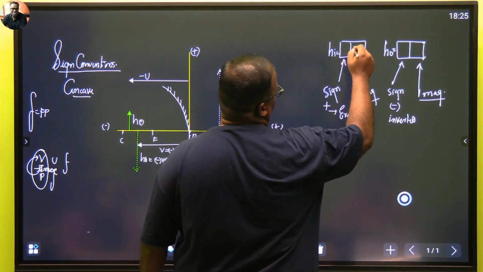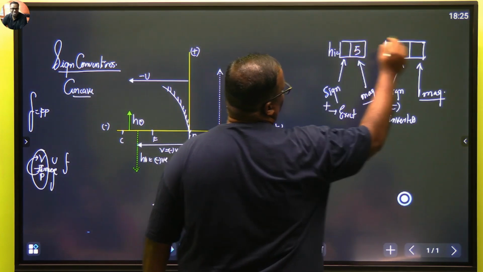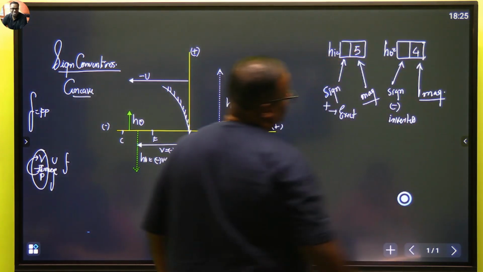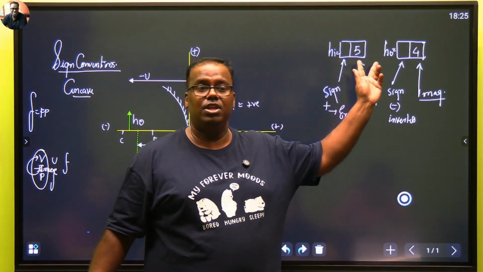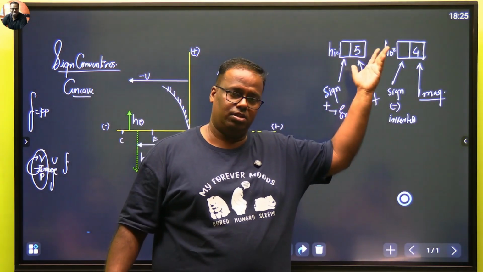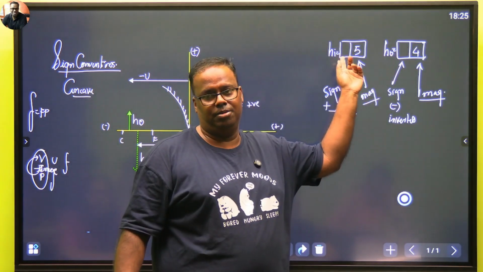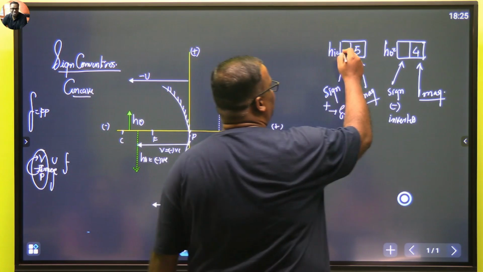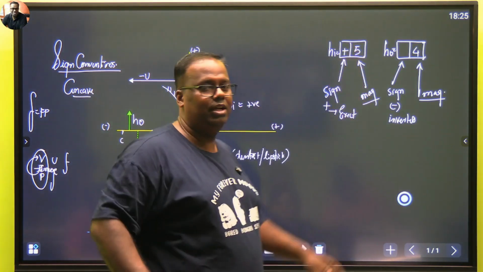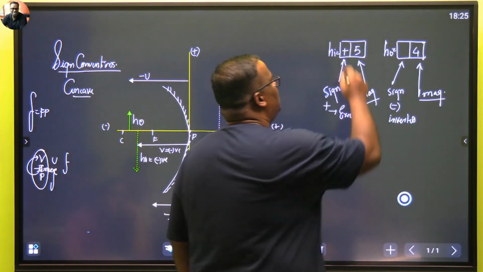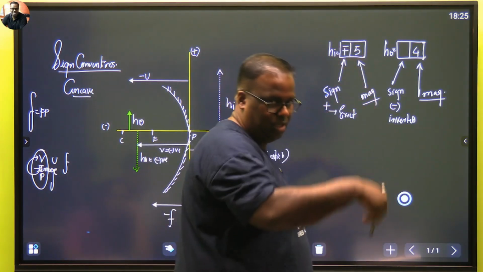Say image height is 5, object height is 4. Means in this case, the image is enlarged. सर उल्टा है कि सीधा है, वो ये वाला चीज बताएगा. अगर ये प्लस है तो सर सीधा है, और अगर ये माइनस है तो ये इन्वर्टेड है.